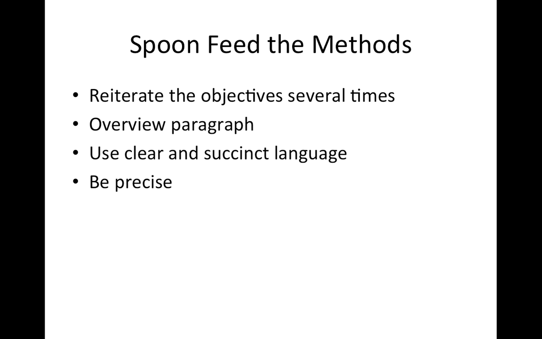So make sure you have lots of overviews, that you summarize often, that you use very clear and succinct language because you really don't want to make the life of your reviewers difficult. You want to make it as easy as possible for them to understand exactly what you're doing so that they can describe it to the review committee.